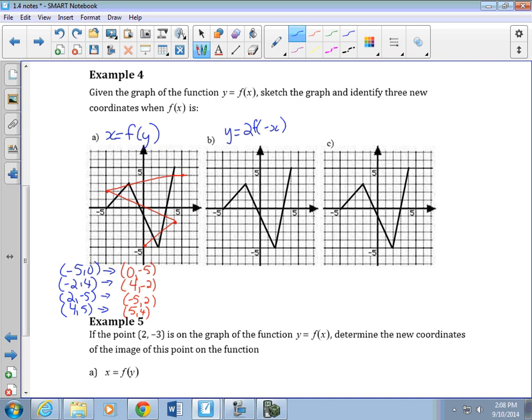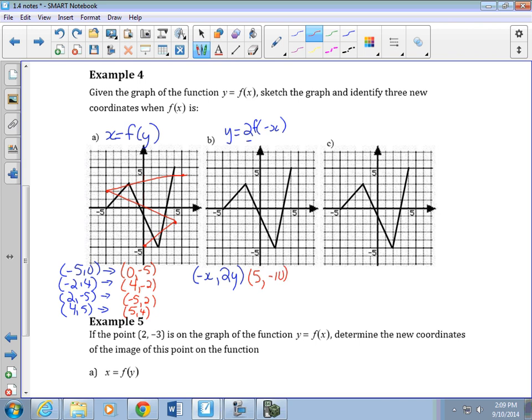We're not doing the inverse because we're not flipping those x and y. But what this one wants us to do is to take our original coordinate and apply a negative to the x, and this 2 in front is being applied to the y. So these new ones will be, so negative 5 times negative, so this will be at 5, and negative 5 times 2y will be at negative 10.